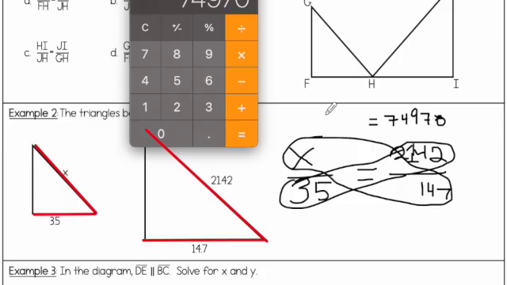So I have 147x. I'm going to divide both sides by 147, and x equals 510.